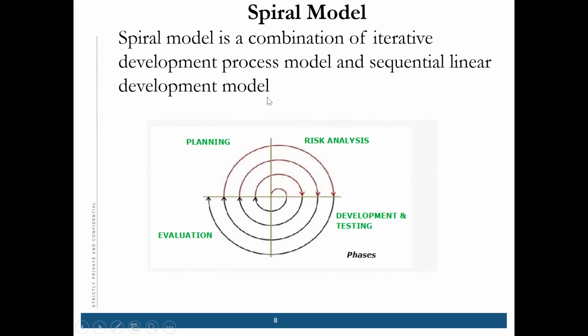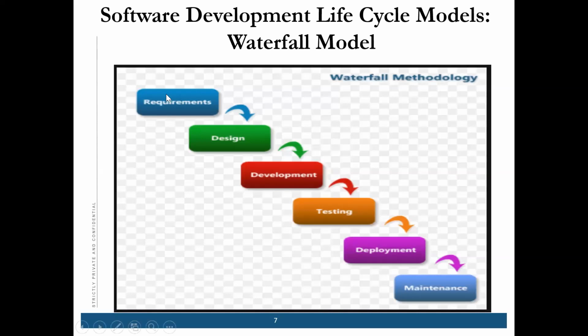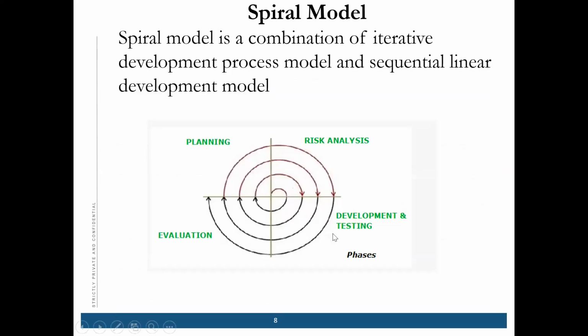The only difference between the spiral model and the other models is risk analysis. All the rest of the phases are similar. So if someone asks you what the difference is between the spiral model and other models, you can say that risk analysis is included in the spiral model. Okay, clear, everyone?